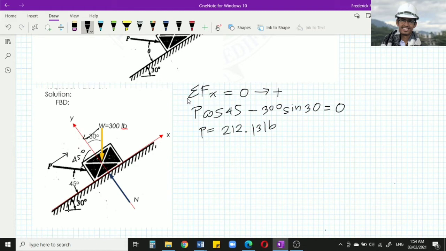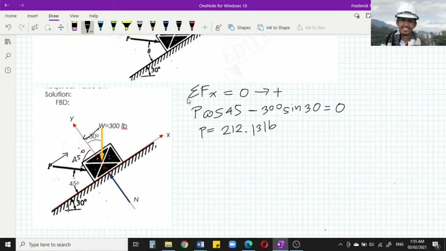So meron pa tayong ibang alternative na method in solving P. So kapag meron tayong force system na tatlo, P, yung weight, and we have the normal force, we can use the triangle method, or yung tinatawag nating force triangle or Lami's theorem. Okay?